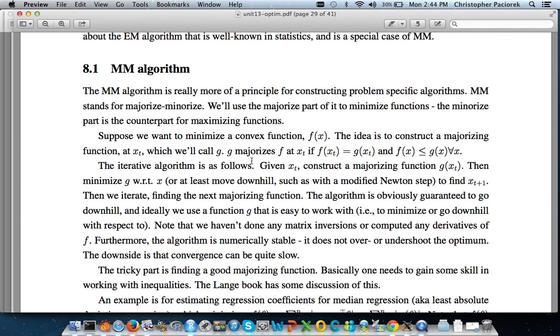Over here I said I was trying to find a function that could serve as an upper bound of my objective function, and I've now found that thing. That's what the less-than-or-equal is giving me. And now I need to optimize with respect to that upper bound function. Minimize with respect to it, to go downhill.